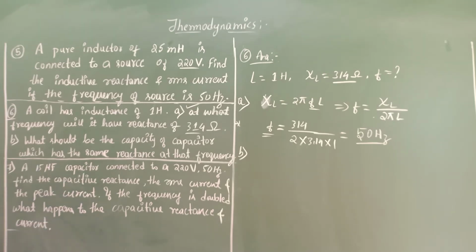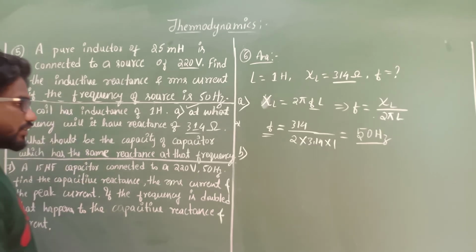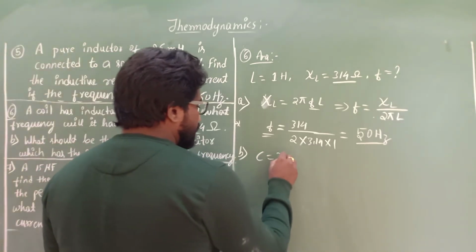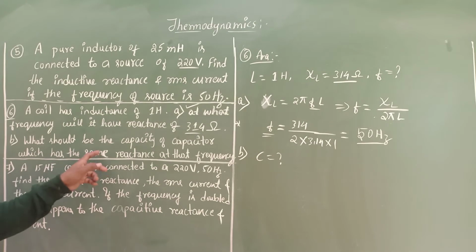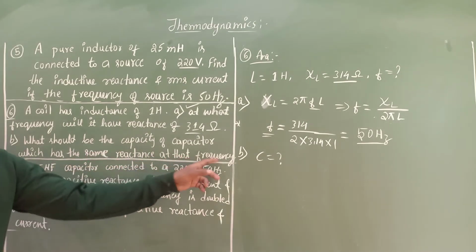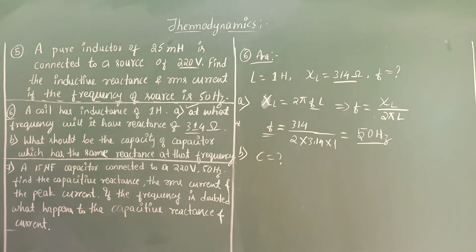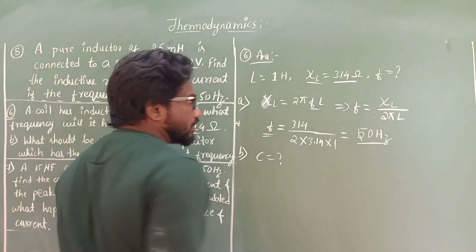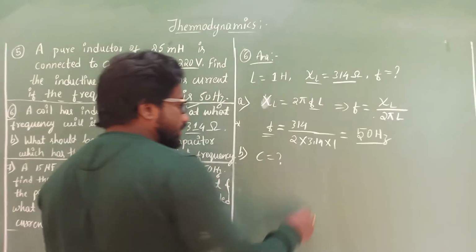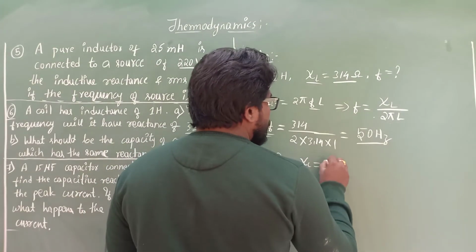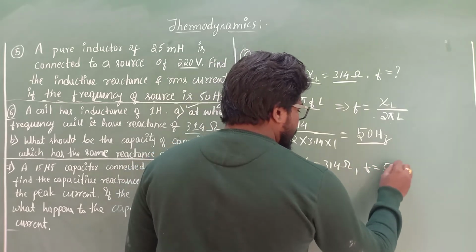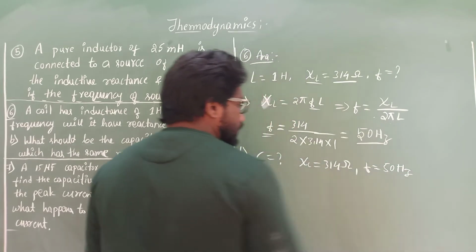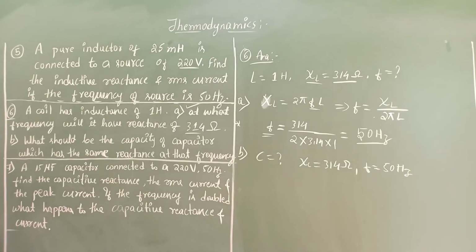Next we need to find the capacity of the capacitor, that is the value of C, which has the same reactance at that frequency. Same reactance means XC is also 314 ohm, and F will be 50 Hertz, because that is given in the data.